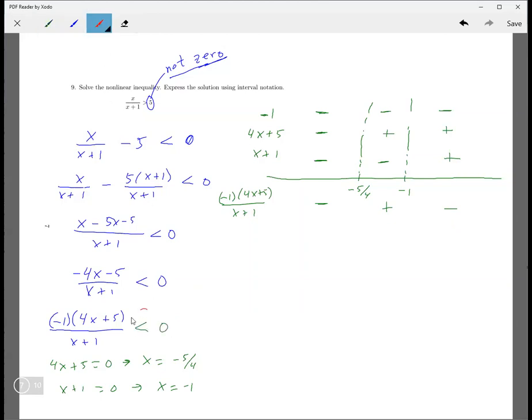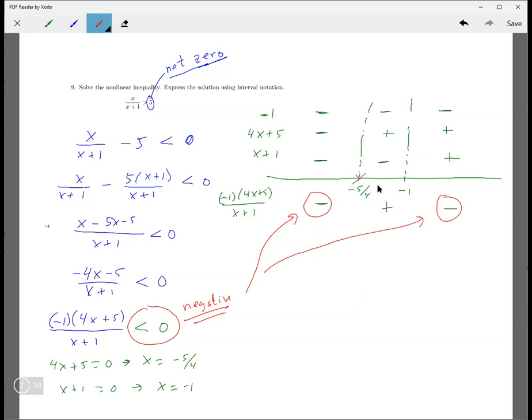Okay. But here, I just copied that, I forgot to write that down. This means negative. So that means that this one and this one are what you're after.